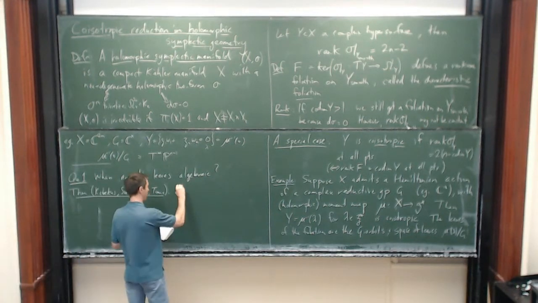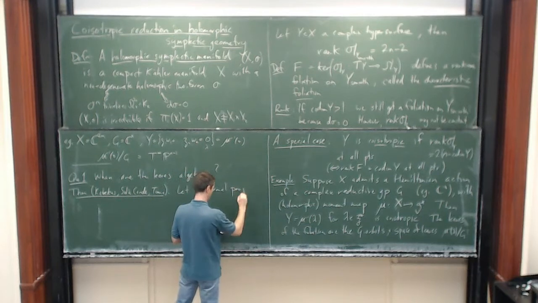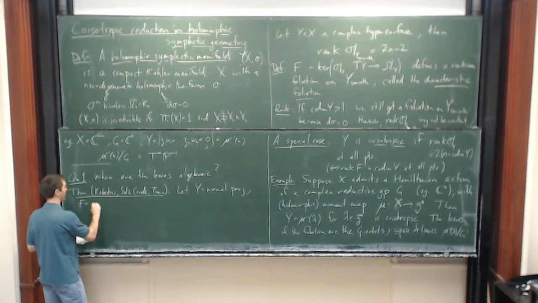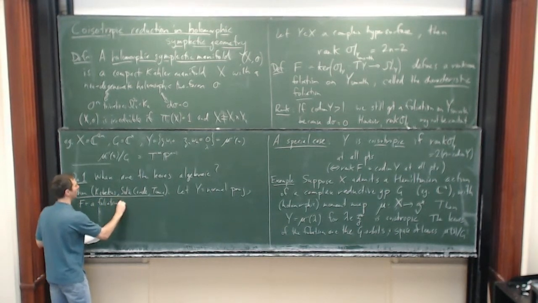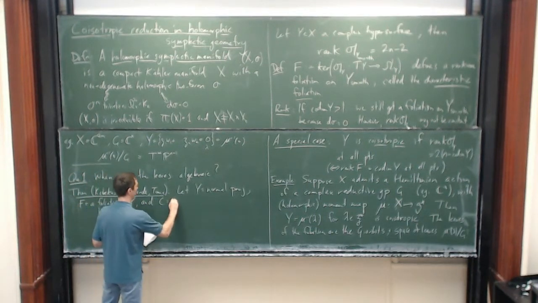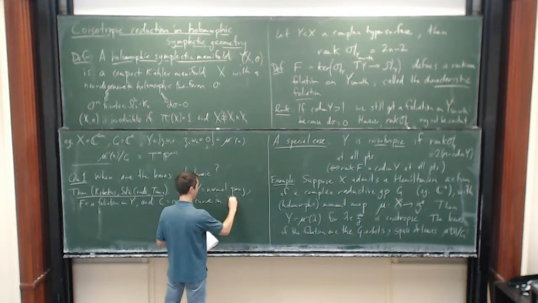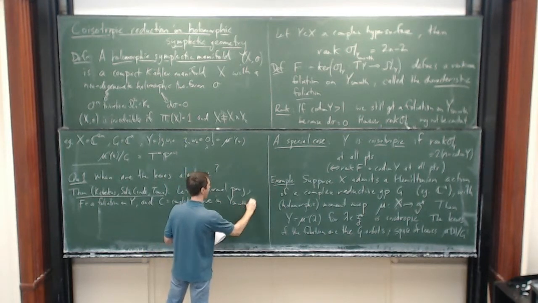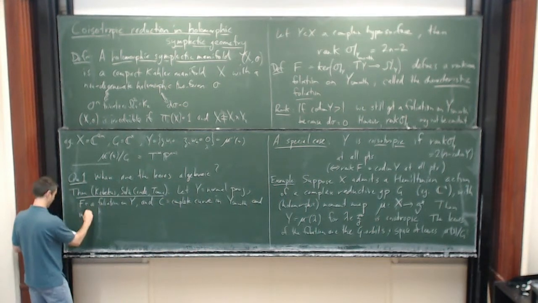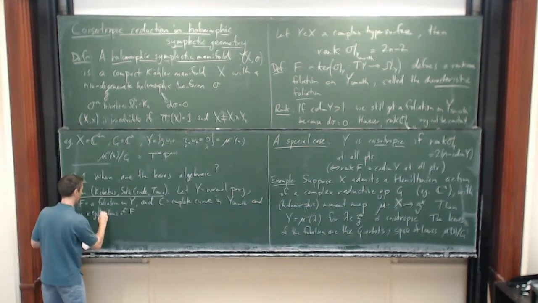Their statement is that if Y is normal and projective, and if F is a foliation on Y, and C is a complete curve in the smooth locus of Y and in the regular locus of F.